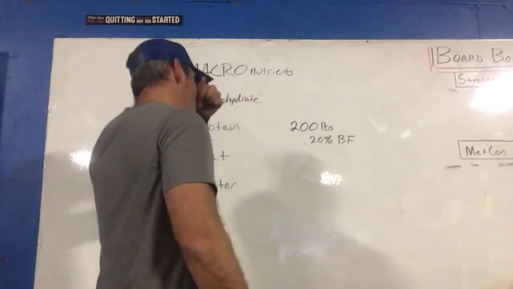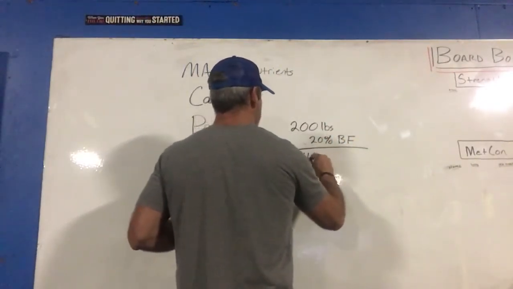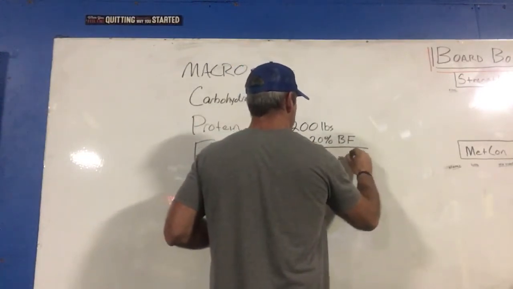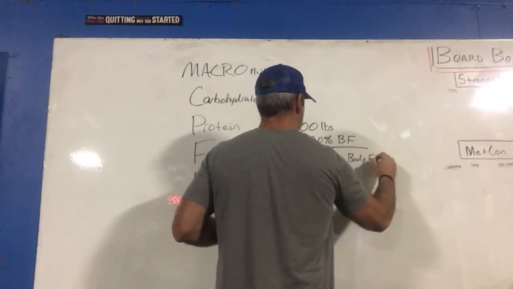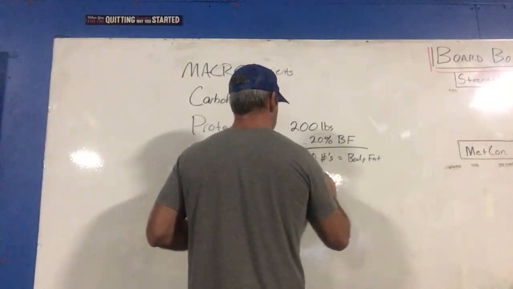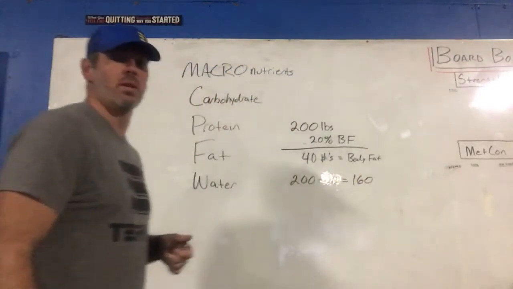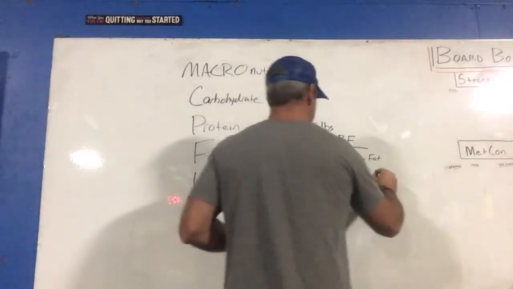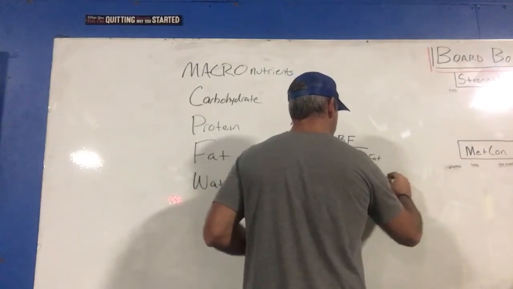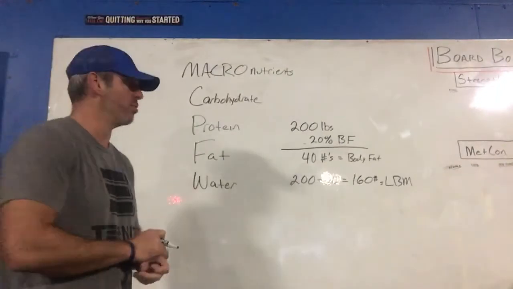Okay, so if I were to calculate that out, that means 40 pounds of this gentleman's 200 is body fat. So we take 200 minus 40 and we end up with 160. Right? So we've got approximately 160 pounds of lean body mass that we are going to support with our macronutrient intake.